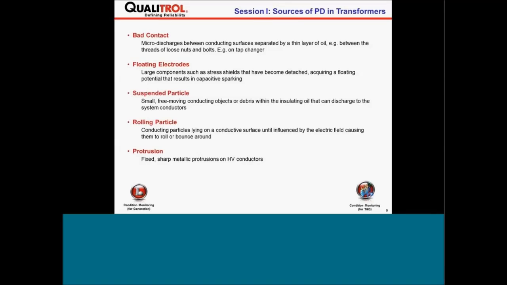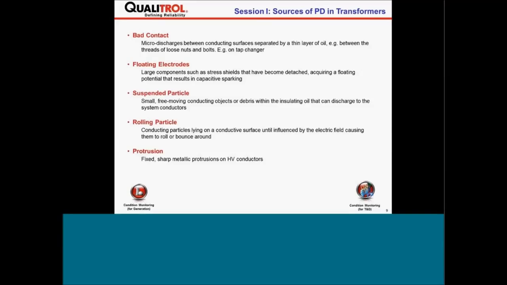Large components like floating electrodes, where we have some stress shield or some large piece of metal which is not securely bonded to earth or to the high voltage parts in the bushing connection.